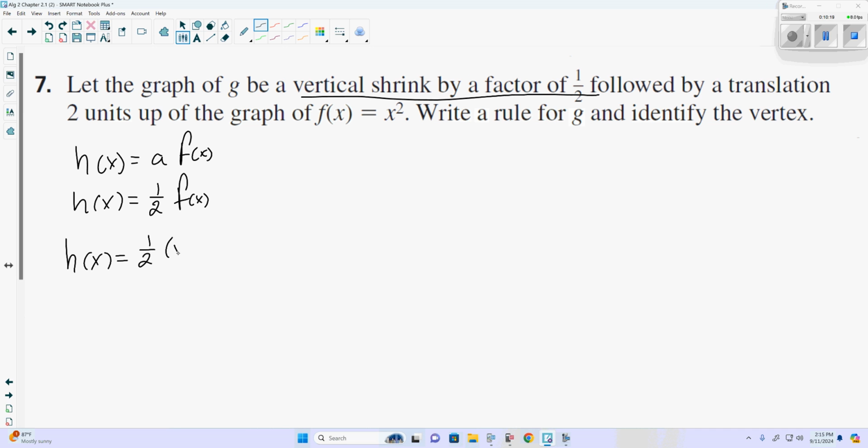So we'd have 1/2 times x squared, which is telling us h of x is 1/2 x squared. Questions on this here?